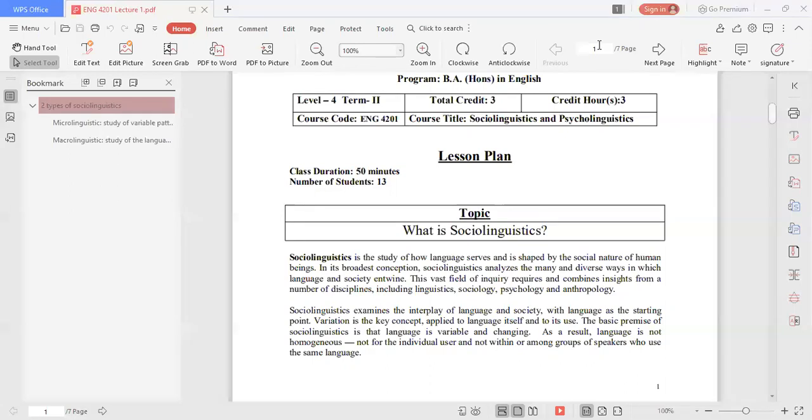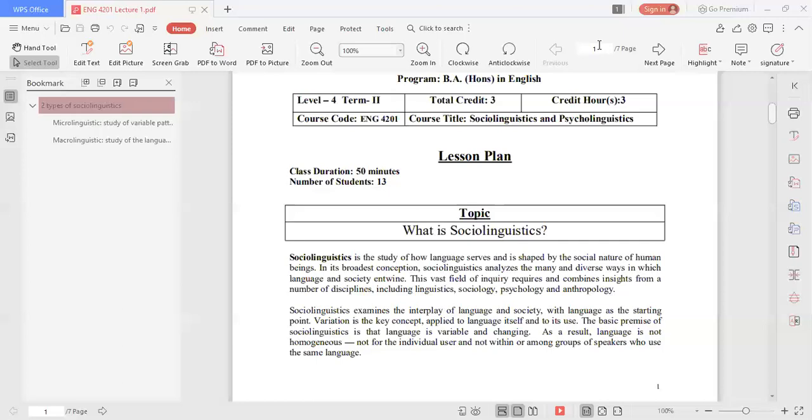Put simply, it means the study of language with reference to society. We take society as the reference and then study language, that is, how society influences language and how language changes on the basis of different kinds of social factors. That is the main objective of social linguistics.